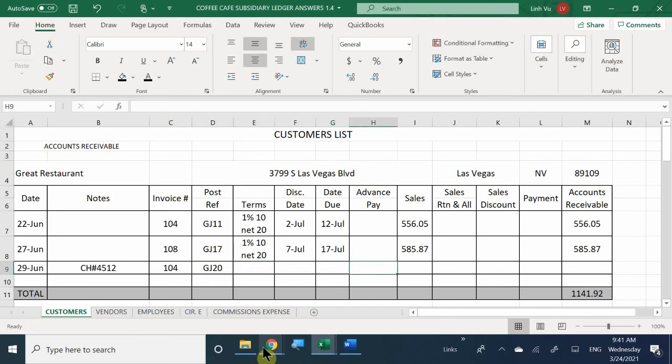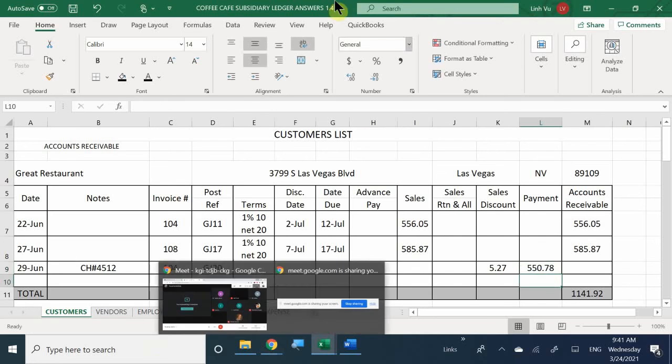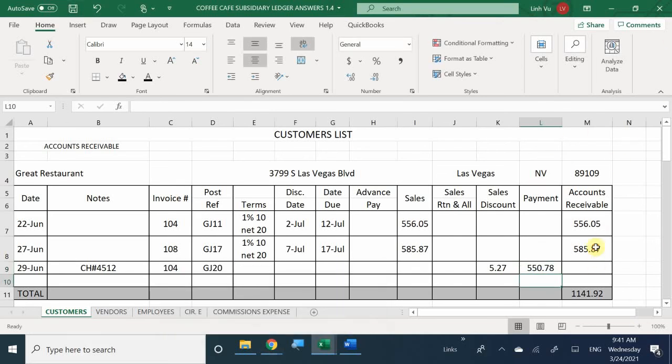However, this is what I'm going to do. Since my invoice amount was for 556.05, I'm going to go ahead and place it in here. Go straight to the discount section. And let's note that it was discounted for $5.27. And what they paid us was the 550.78. And that should give you your grand total of the 556.05.